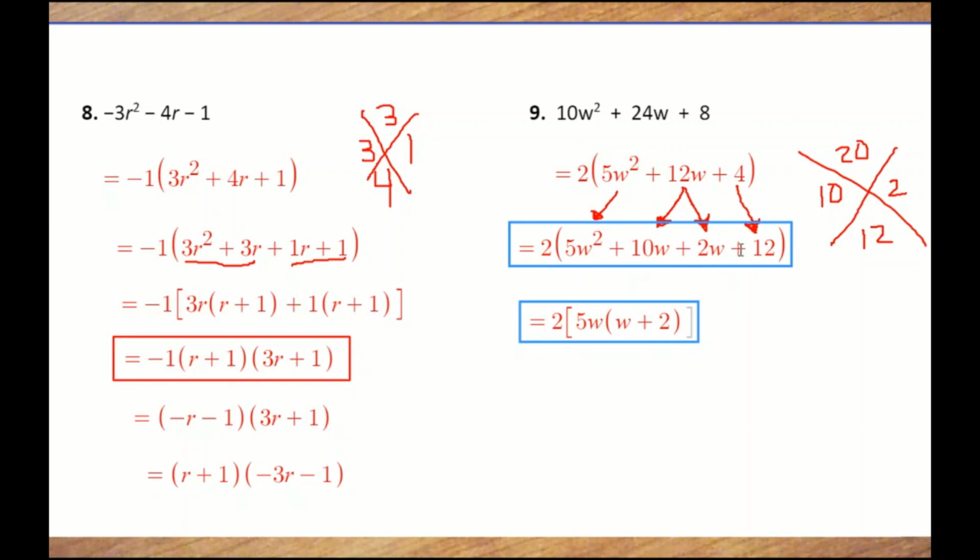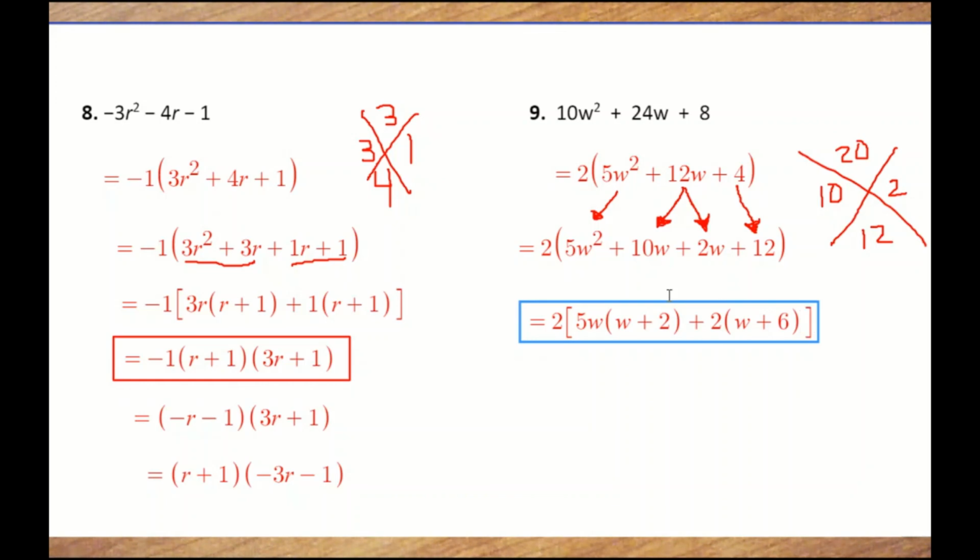And then my GCF of the second group is going to be 2. So I'm going to write plus 2. And that's going to leave me with w. Wait a minute. Something's not right here. Plus 6. Uh-oh. We might be in some trouble here because we checked these and these are not the same.